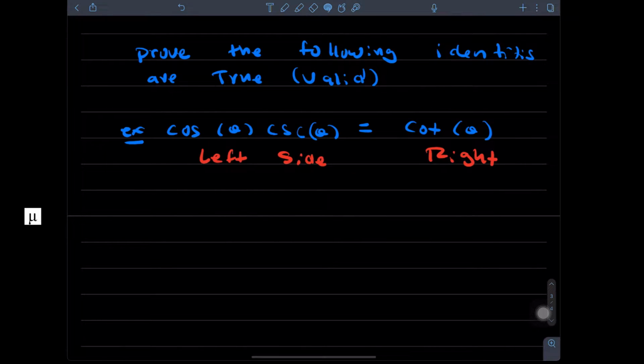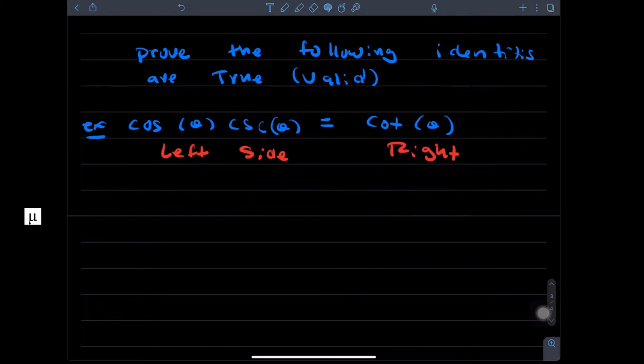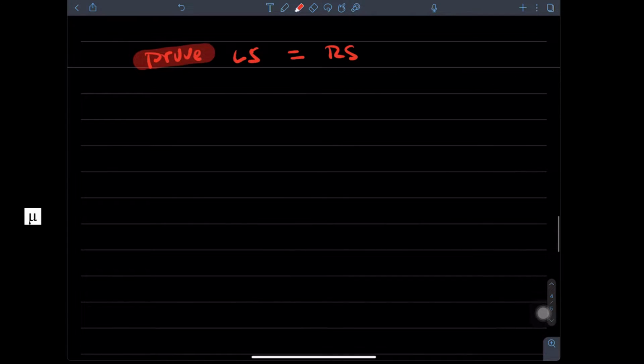What they're saying to you is to prove the left side equals the right side. That's all they're saying. And you're going to say, Mr. Judge, how in the world do you do this kind of stuff? How do we prove this? I'm going to say you're going to follow these guidelines.